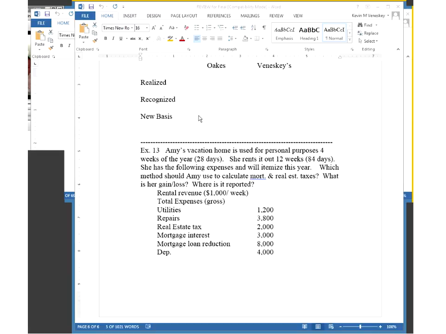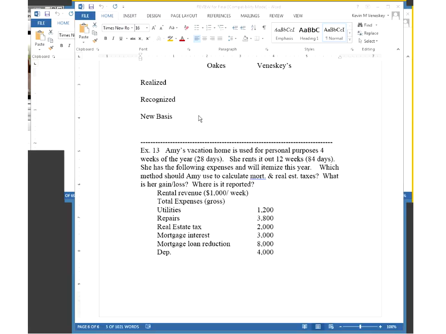That's how much she has to use for Schedule E, 23.3, instead of taking 28 divided by the total days used. So not just 84, but total days, 28 divided by 84 plus 28, which would be 112, so 25%.